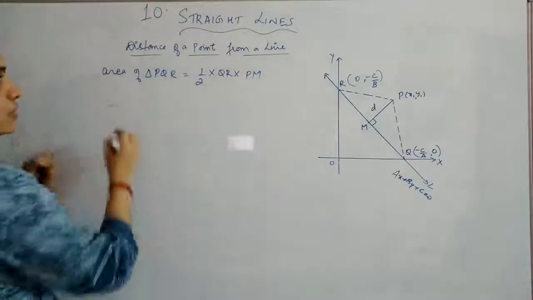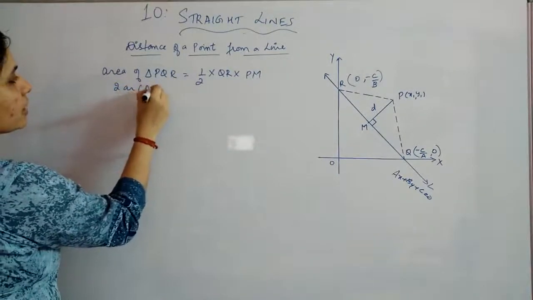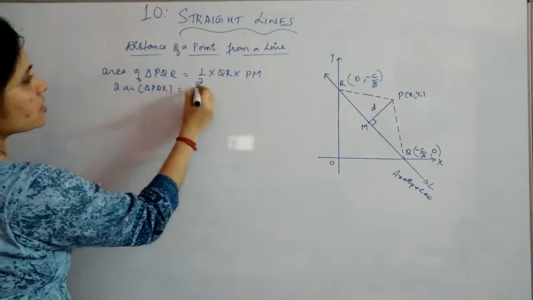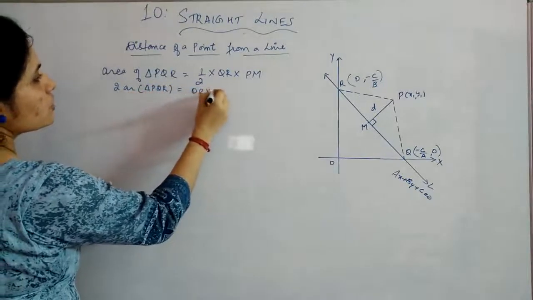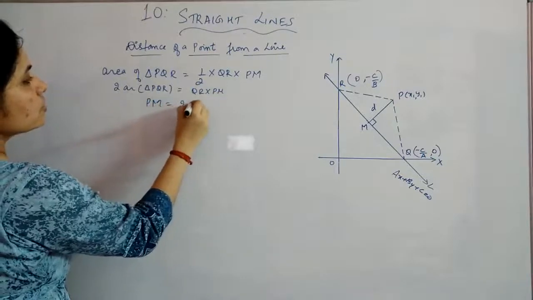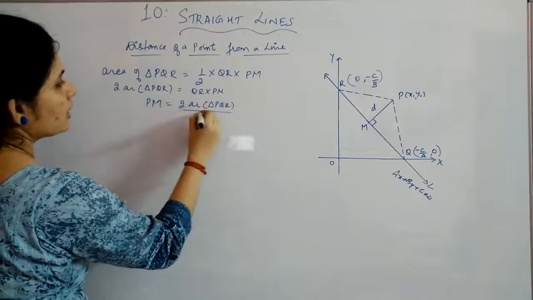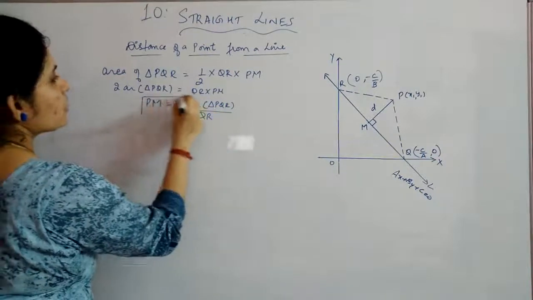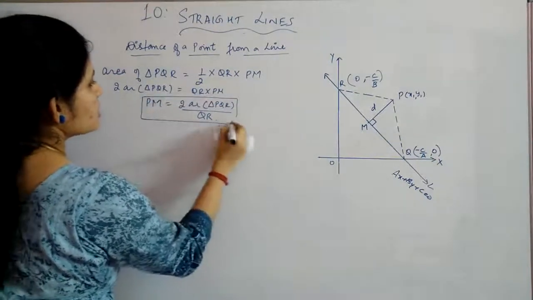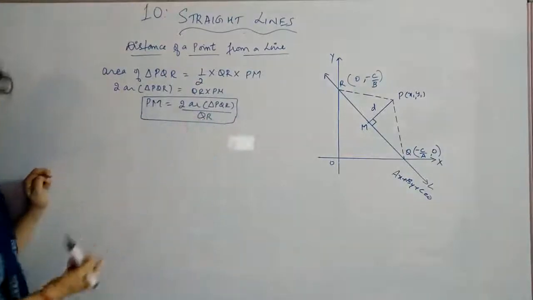So 2 times the area of PQR is equal to QR into PM, or PM is equal to 2 times the area of triangle PQR by QR. So this is what we need to get.